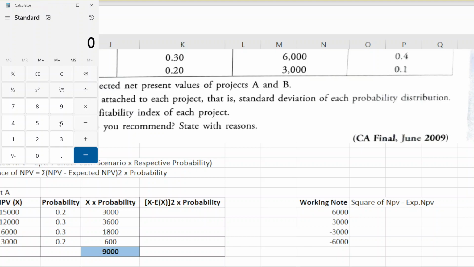So what I need to do, I need to do the square of this 6,000 square, right? 36 lakhs. Okay, how much it is? 36 lakhs.